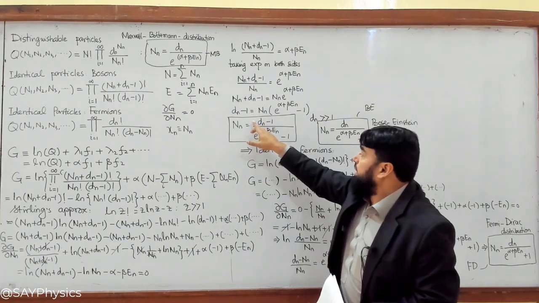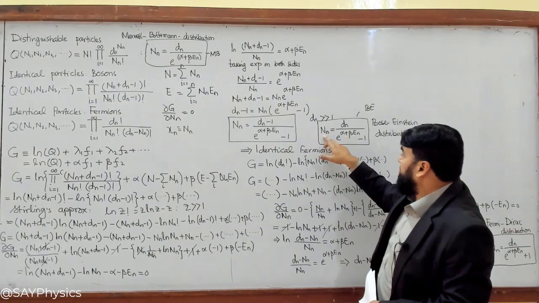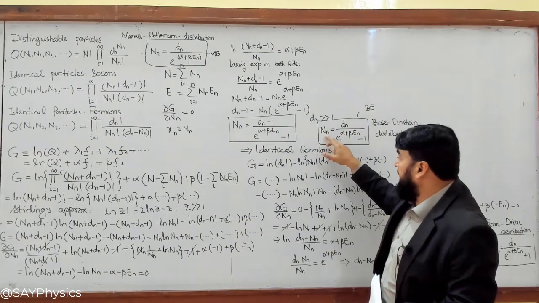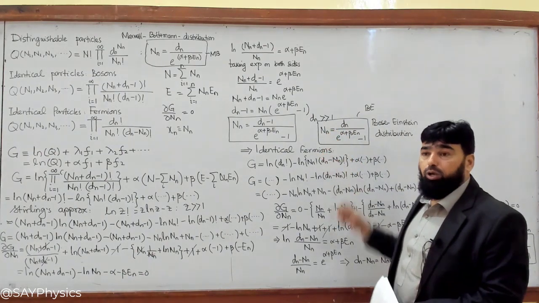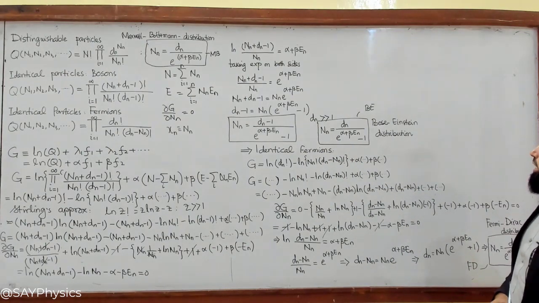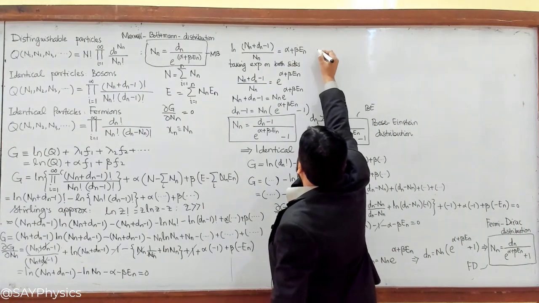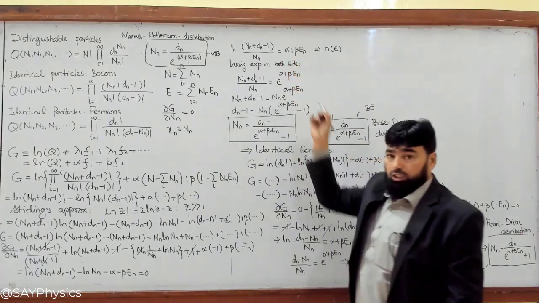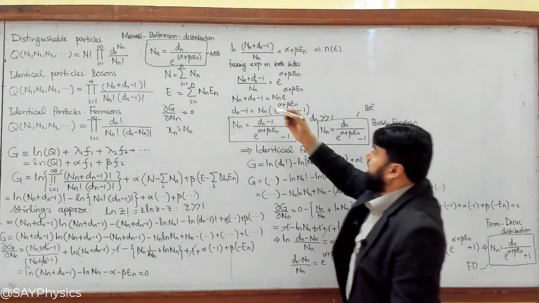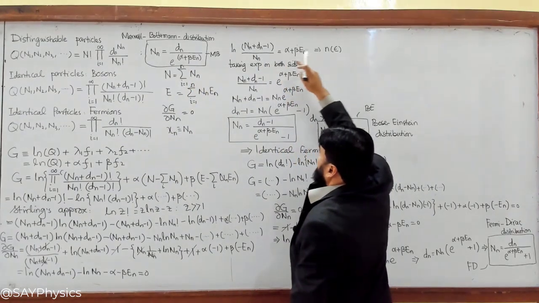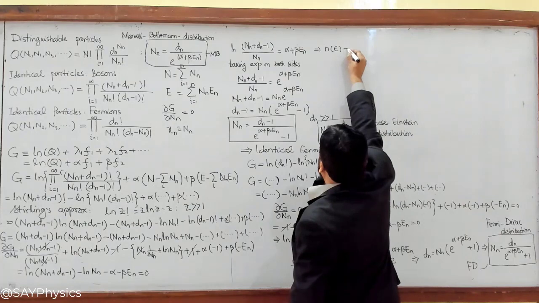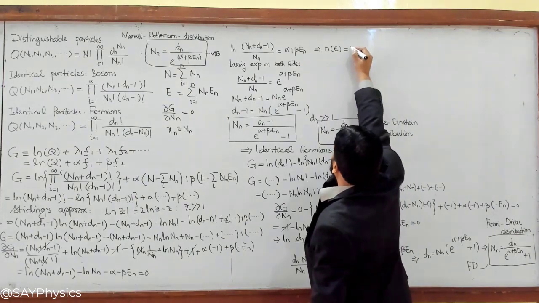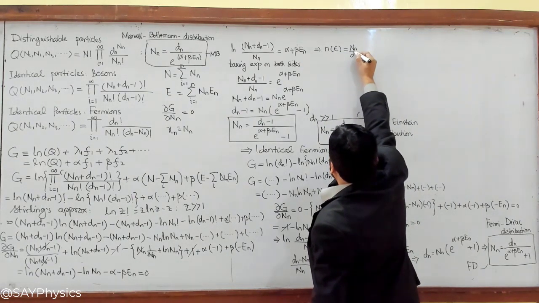If I divide this by dn, then the number of particles divided by the number of states, I define it as small n of energy E. It's a function of energy because here I have energy. So Ne is equal to Nn divided by Dn.